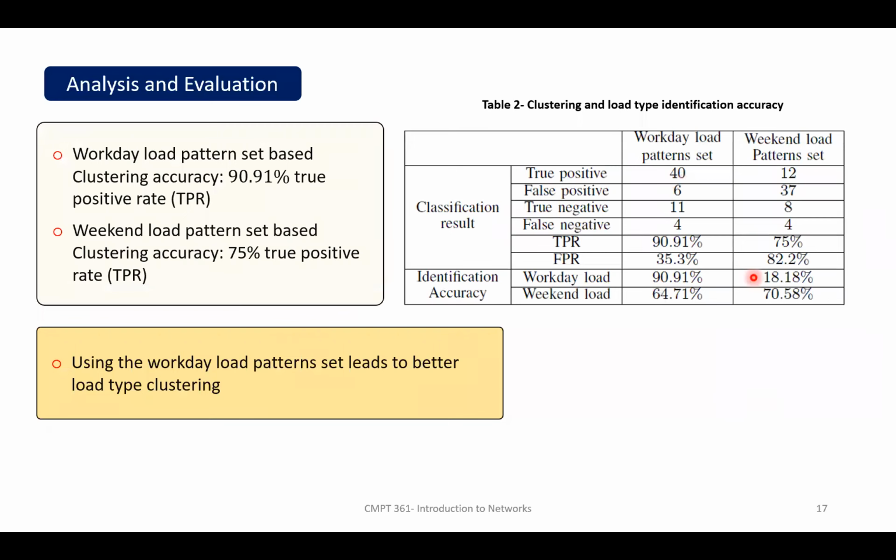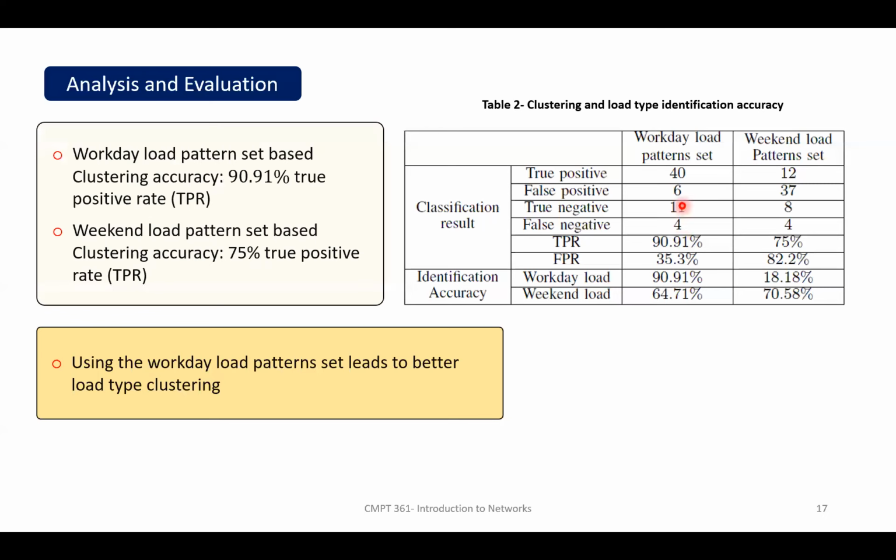So this table shows the result of our classification and also the accuracy. You can see that we measured different points of the classification, true positive rate and false positive rate. The DTW similarity with the workday load pattern set is shown in this column, and in the last column, the DTW similarity with the weekend load pattern is shown.